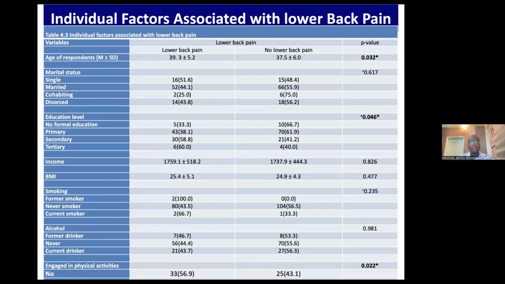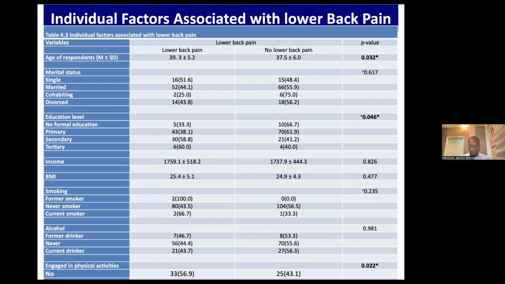And this table shows individual factors associated with low back pain. From the chi-square or Fisher's exact test of individual factors associated with low back pain, it was shown that age of respondents was significant, with a p-value of 0.032.